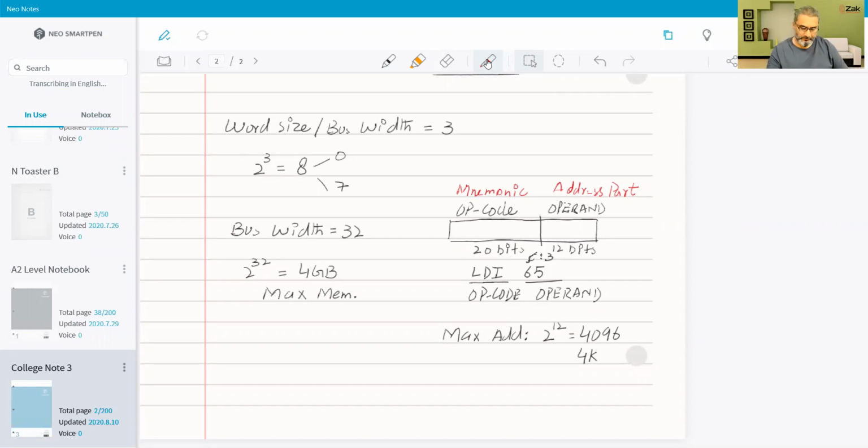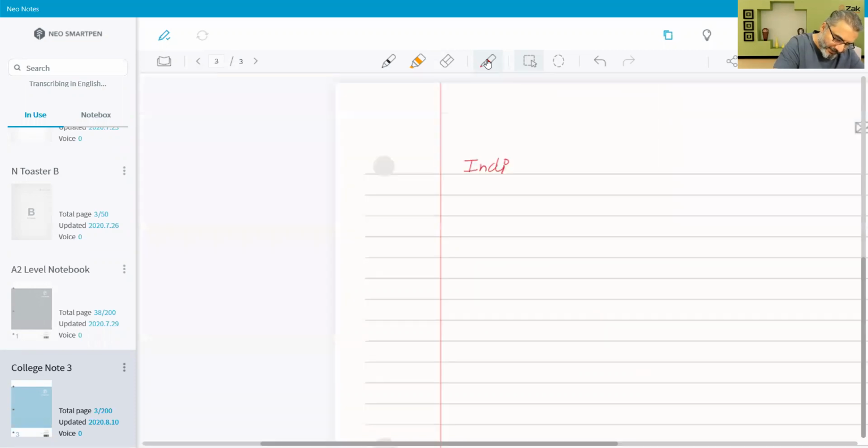So let's say the maximum address that you can access is 2 to the power 12. अगर हम इसको depict करें तो let's say देखें हमारे पास ये हमारी main memory है. Indirect addressing.